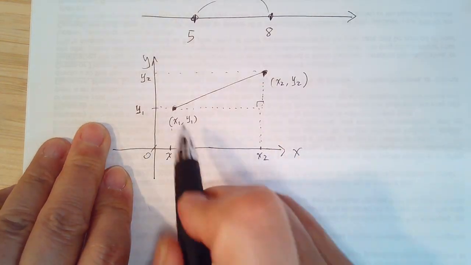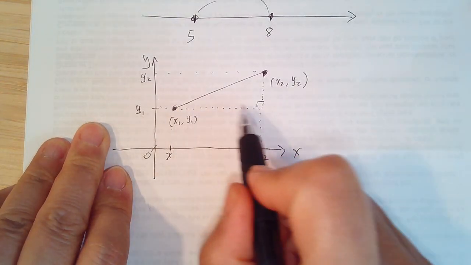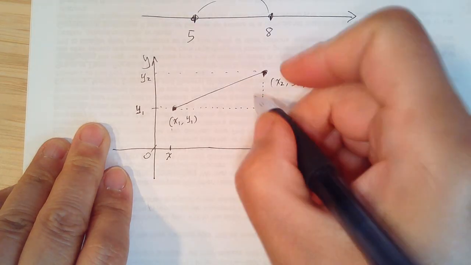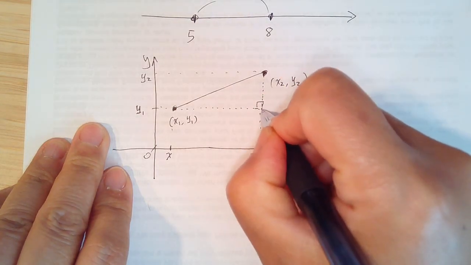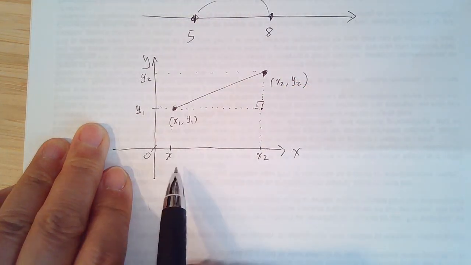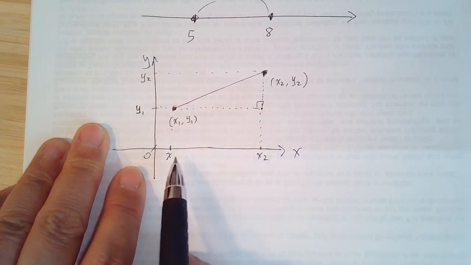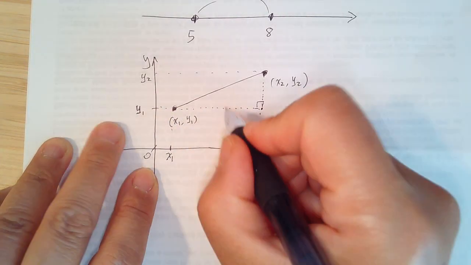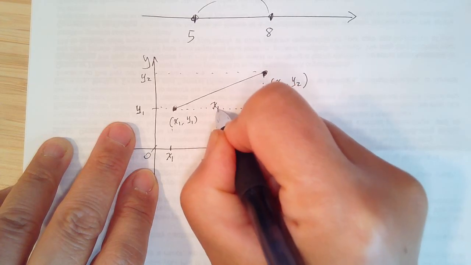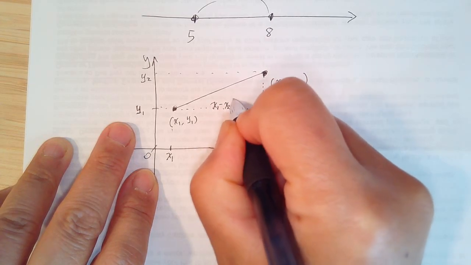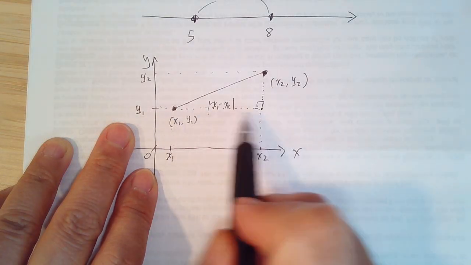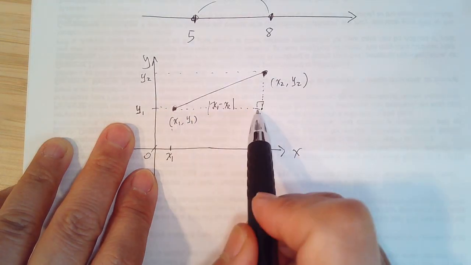Right, now can you find out the distance from here to here? The distance from this point to this, the little right triangle. So the distance between these two is the distance between x1 to x2. So this distance is x1 minus x2, and then we take the absolute value of that. Make sense? So that's the length between this point and this point.